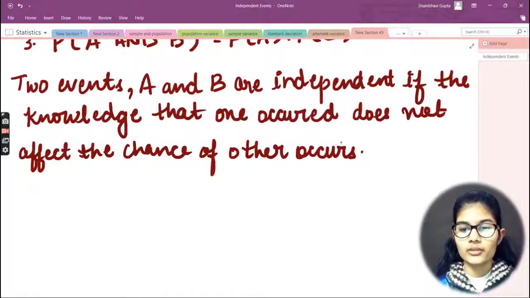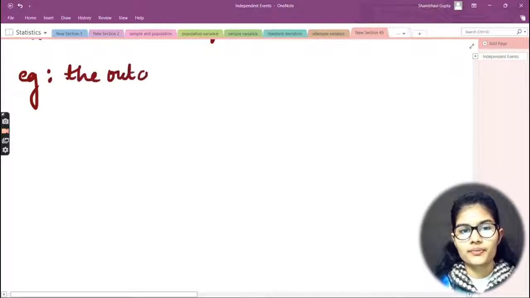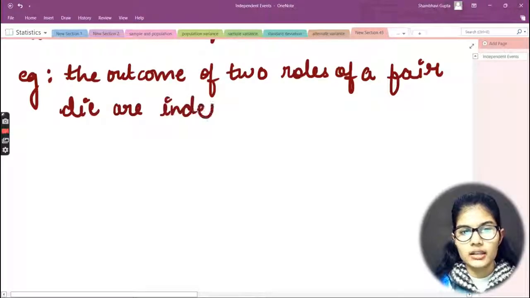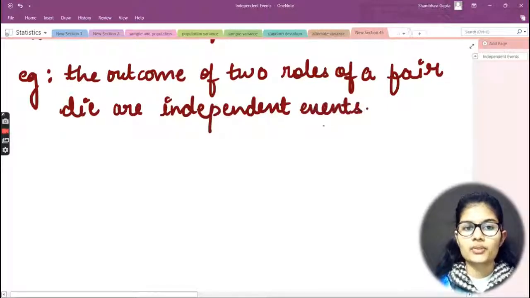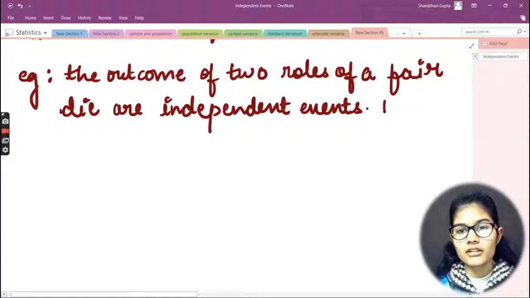Let's say that the outcome of two rolls of a fair die are independent events. I'll write that because it would be much clearer while writing. So let's take an example that the outcomes of two rolls of a fair die are independent events.